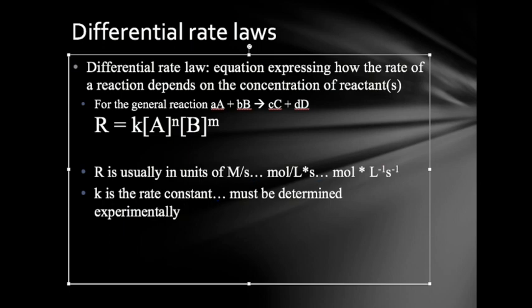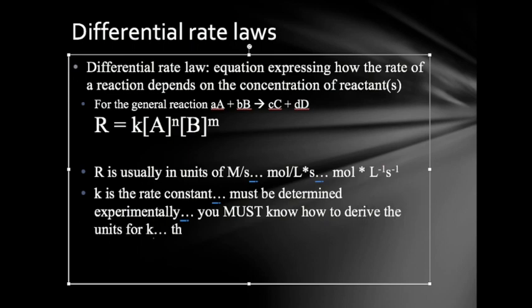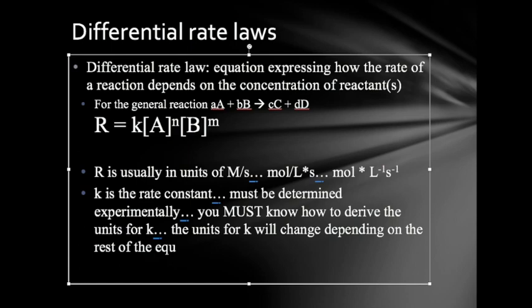Hopefully, we'll be able to get in the lab and do our own experiment to determine the rate law and the K value for a chemical reaction. It's got to be determined experimentally. It's a rate constant. You must know how to derive the units for K. The units for K will change depending on the rest of the equation. So you need to know that, and we'll talk about this later, that K is a rate constant. It has a value. It has specific units. You later will practice figuring out what those units are, okay?